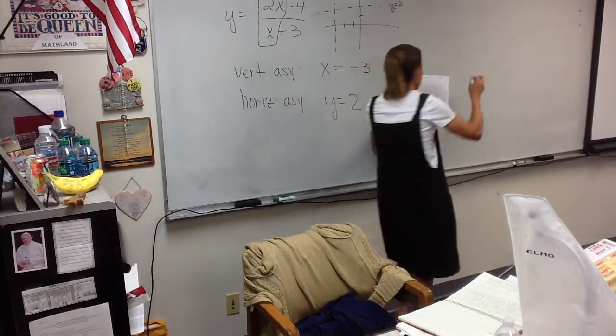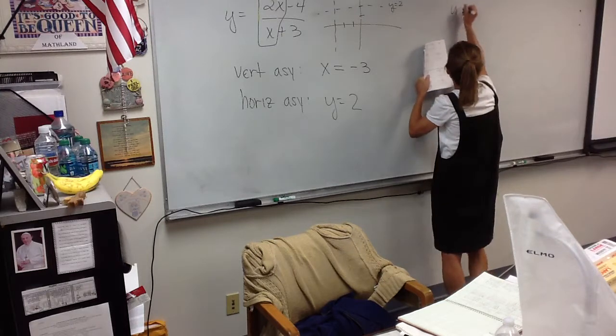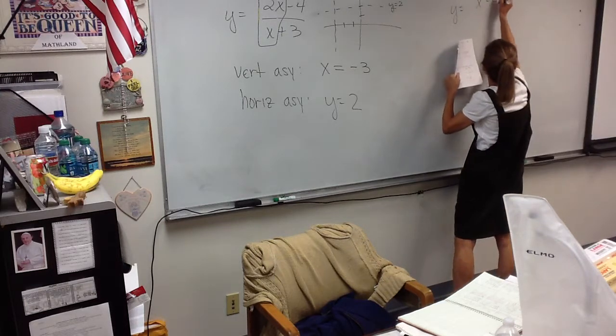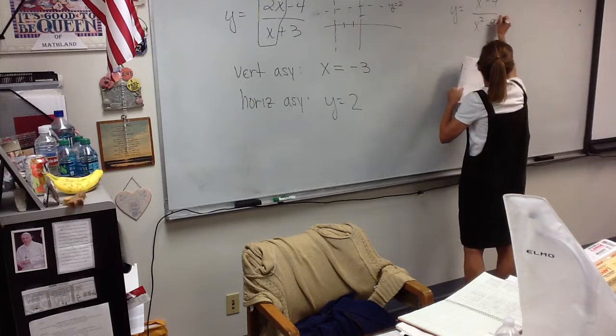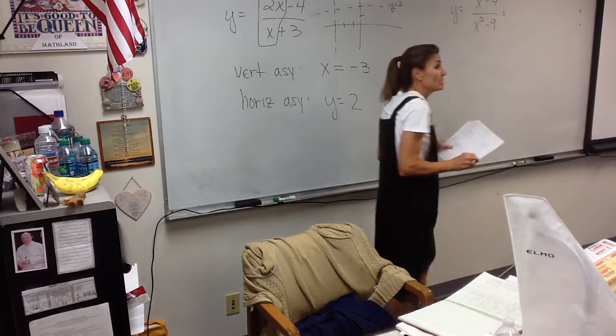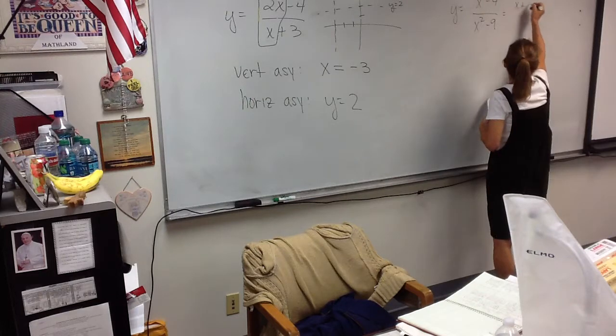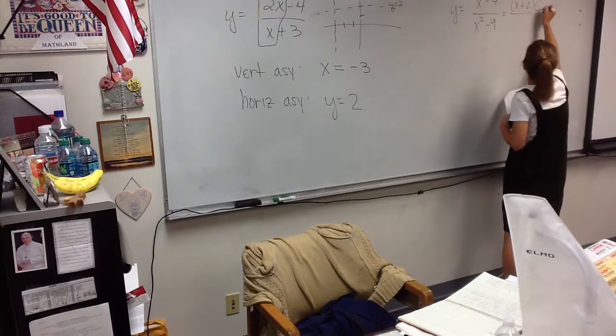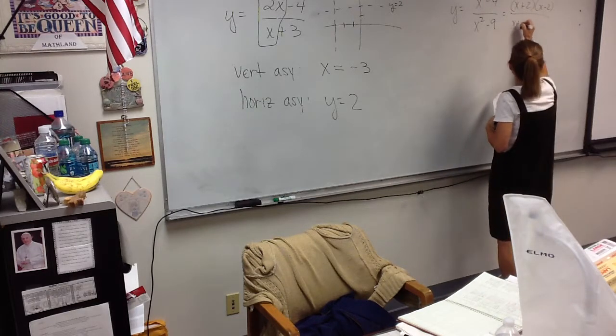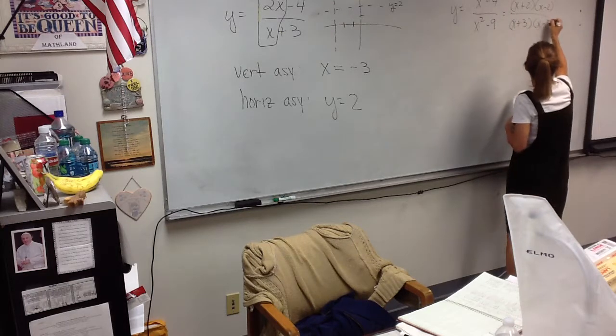Now, let's look at B, because B has a little bit more going on. So, what do I do first? Factor: x plus 3, x minus 3, underneath x plus 2, x minus 2. Very good, Jabron.